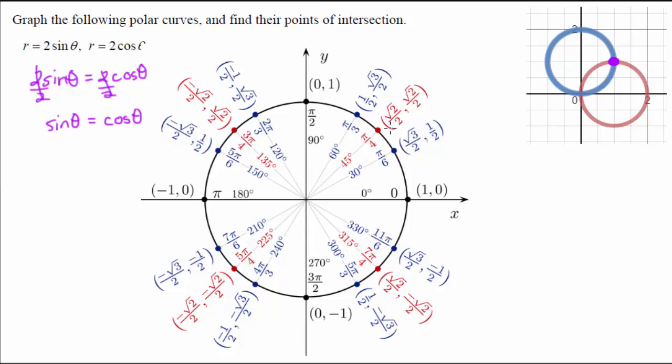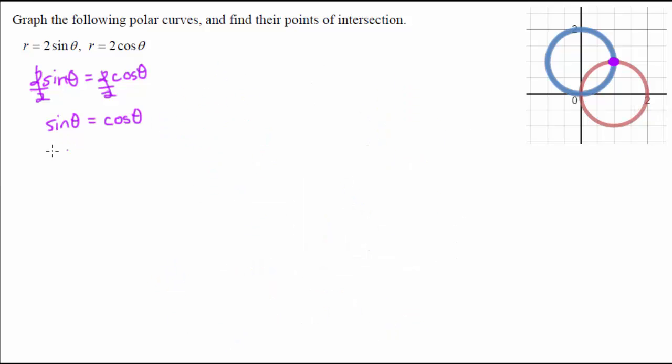Because that's where I have positive square root of 2 over 2 comma positive square root of 2 over 2, as well as negative square root of 2 over 2 comma negative square root of 2 over 2. Those are the only two places between 0 and 2 pi that have the same value for sine and cosine. So that means that our angles are pi over 4 and 5 pi over 4.